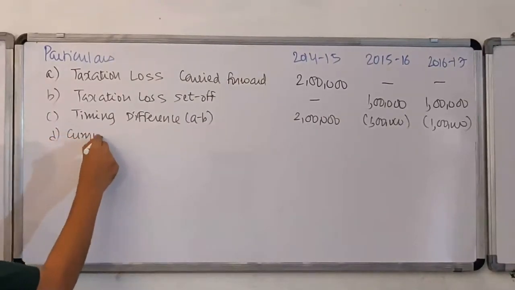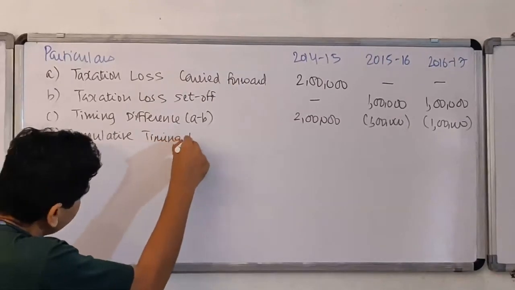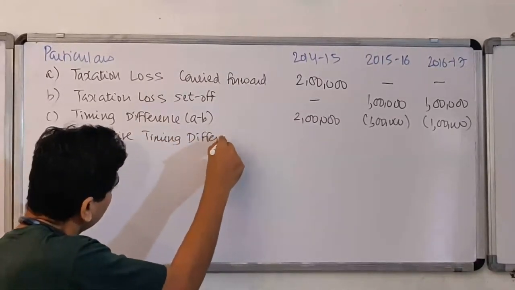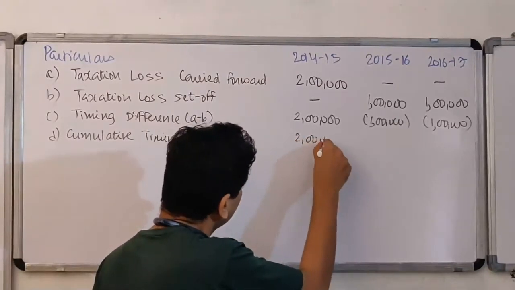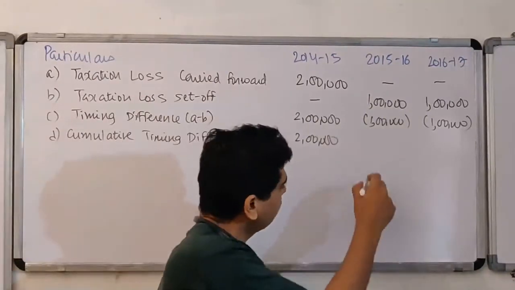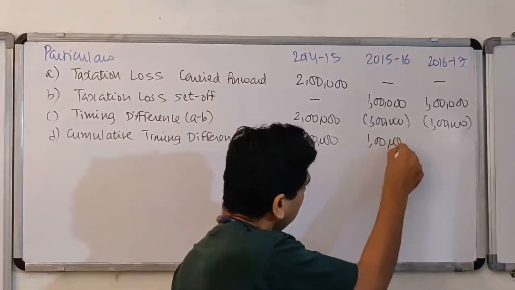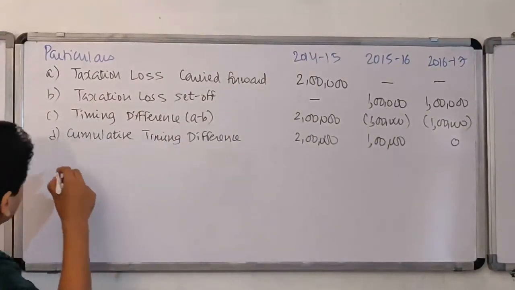This will give you cumulative timing difference. To this 2 lakhs, add this negative 1 lakh. And to this 1 lakh, add this negative 1 lakh.